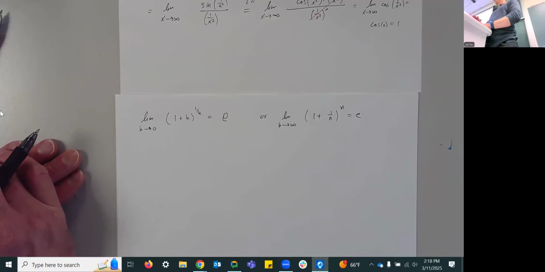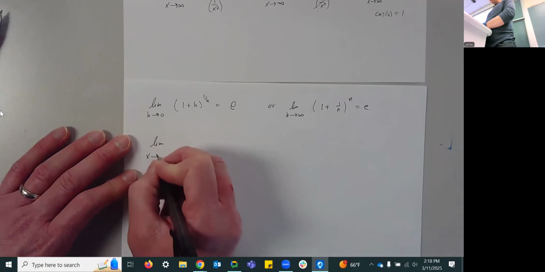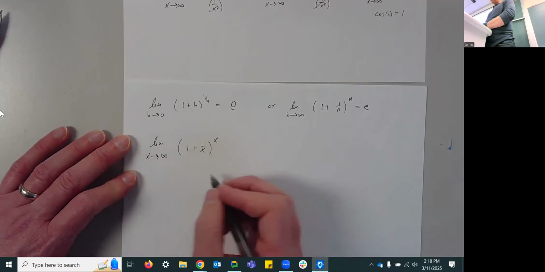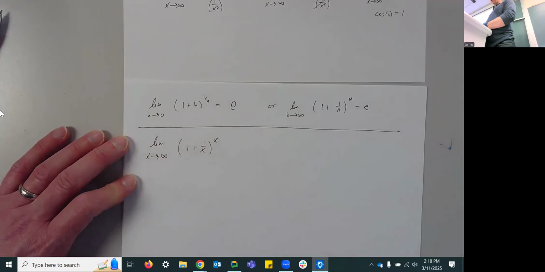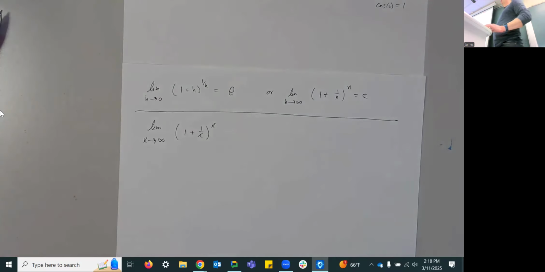It's kind of neat. So we're going to do the limit as x goes to infinity of 1 plus 1 over x to the x. And I'll point out, this is definitely one of our 1 to the infinity types. There's two different ways of approaching this. Both are fine.